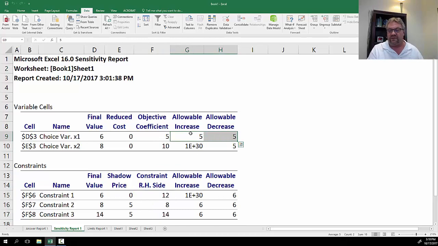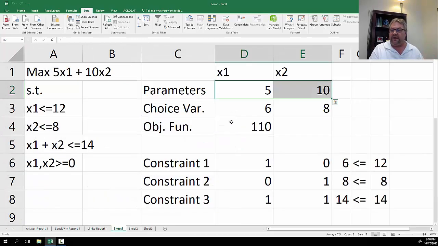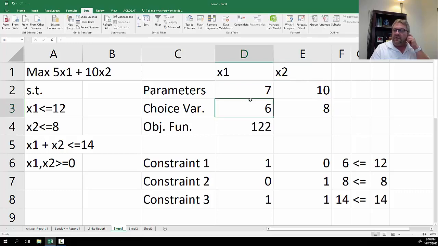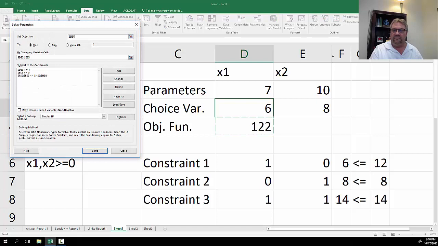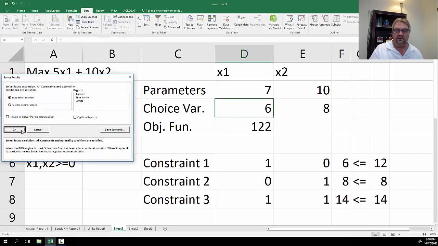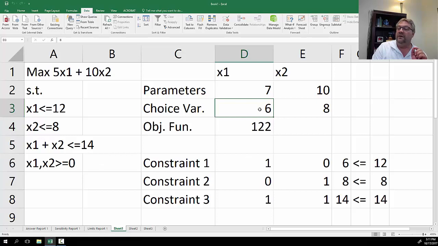So I can show you that. Watch. I'll increase this to $7. I'm going to run my solver. Okay. No, look.